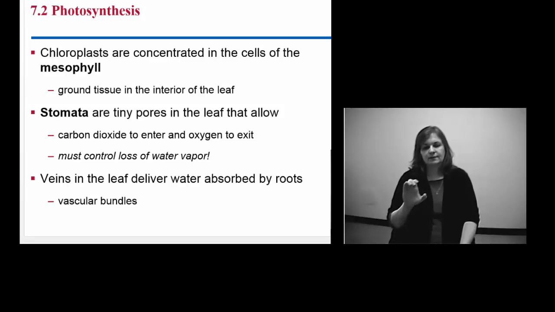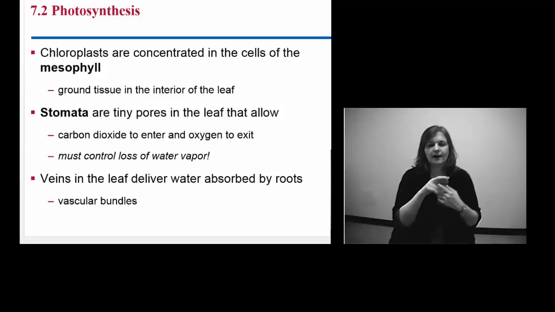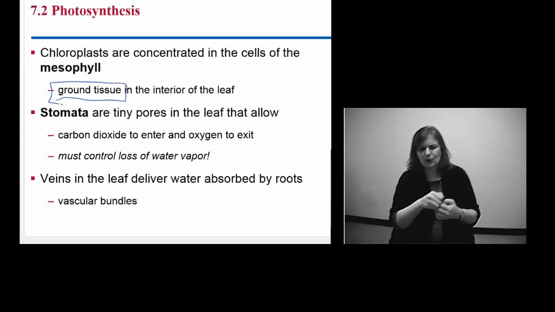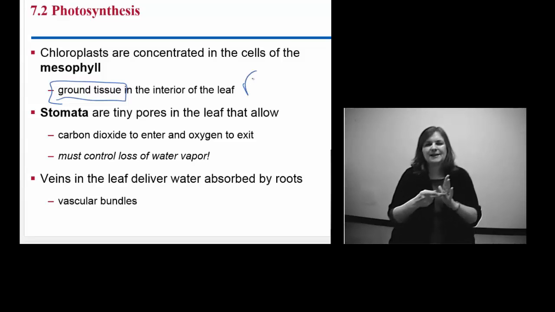So our chloroplasts are actually located in the mesophyll, or the ground tissue on the inside of the leaf. Don't let ground tissue confuse you. I talk to a lot of students that think about ground tissue as only something that occurs associated with the ground. In this case, ground is more like filling for our plants.